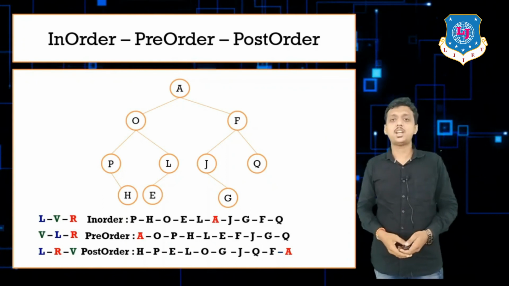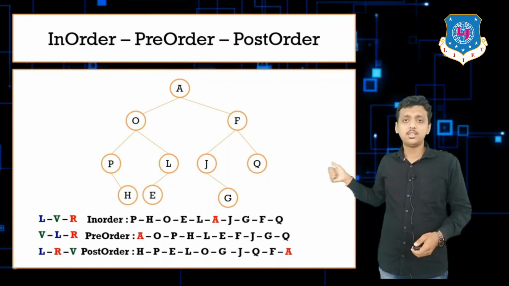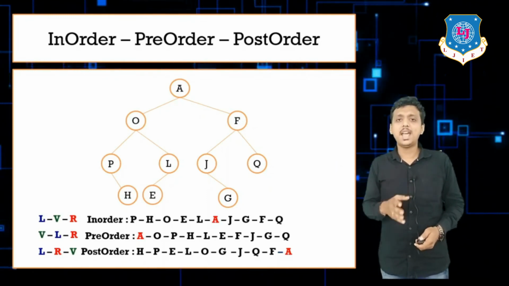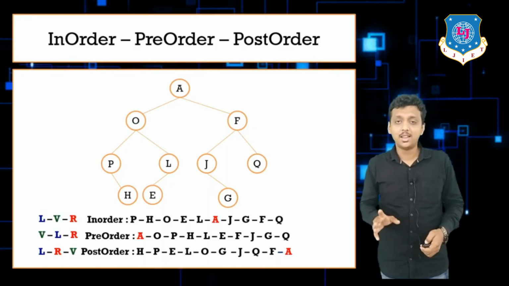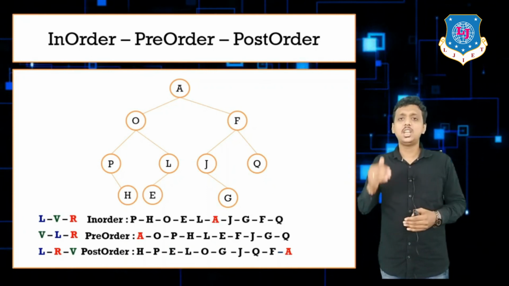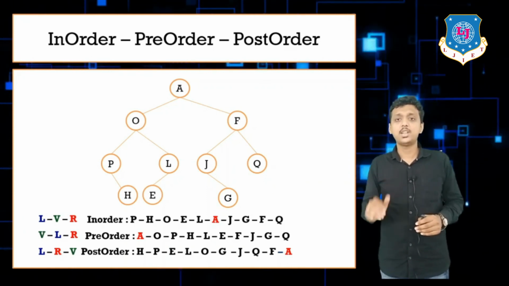Just check it out. In order, highlighted node A, very first line. On the left side of A, the nodes are P, H, O, E, L. On the right side of A, the nodes are J, G, F, Q. Got it?